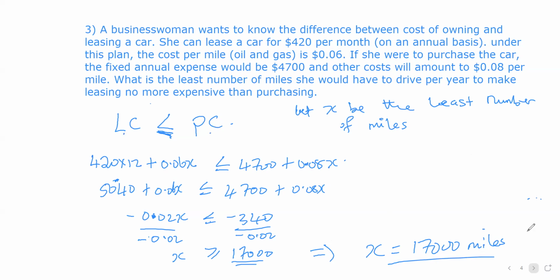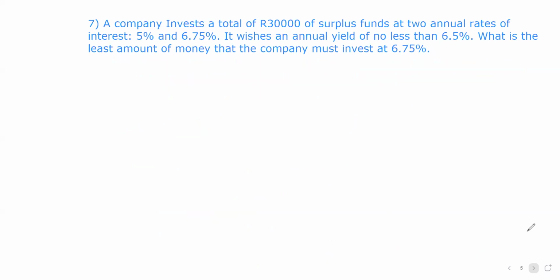Let's take the fourth one. Okay, the fourth one is number 7, which says a company invests a total of 30,000 of surplus funds at 2 annual rates of interest, 5% and 6.75%. It wishes for an annual yield of no less than 6.5%, right?